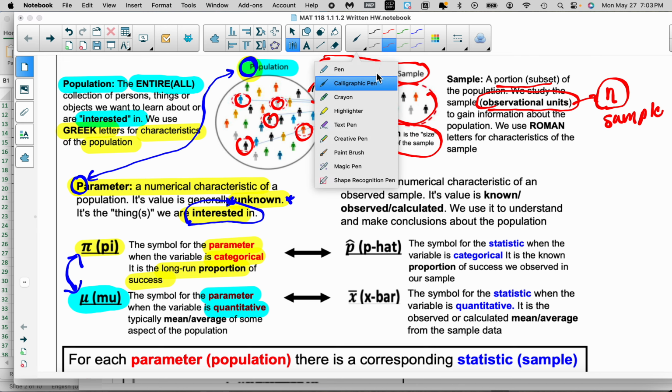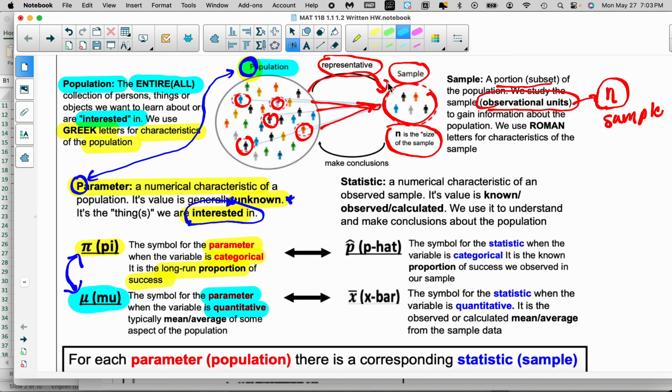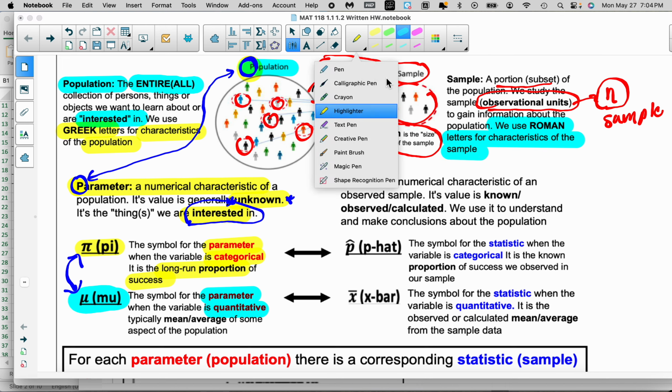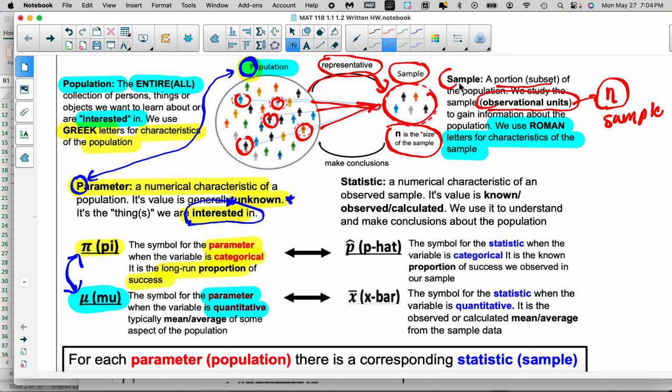And the way that we can distinguish between whether we're talking about the population or the sample is we use Roman letters to represent the characteristic of a sample. Another way that you can help remember is that sample starts with S, and then we call those characteristics statistics.